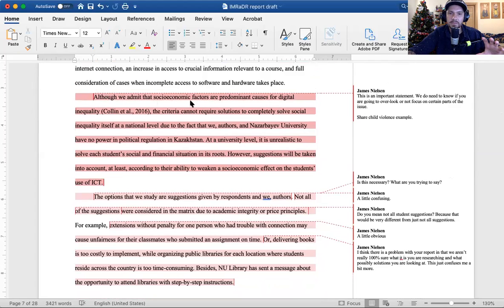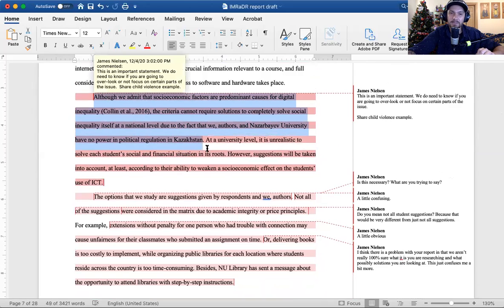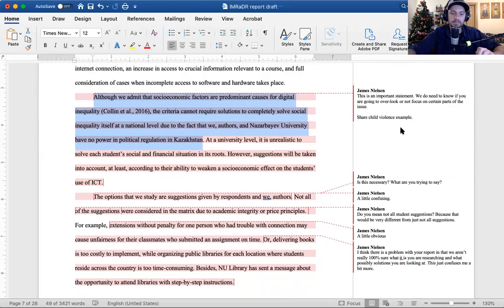Although we admit that socioeconomic factors are a predominant cause of digital inequality, the criteria cannot require solutions to completely solve social inequality itself at the national level, right? Just because it's student research, I think that is important to say if you have something like that. Another example that I discovered this semester was some students were researching child suicide, and they discovered that one of the big issues is violence among children, like that leads to suicide.